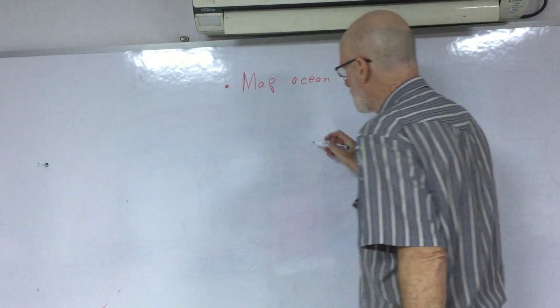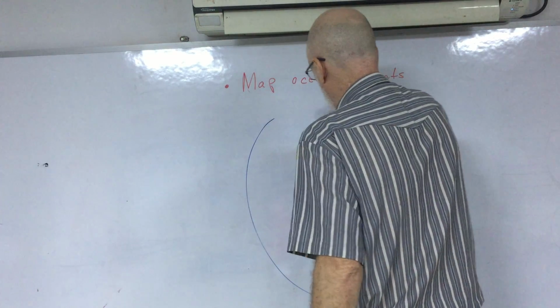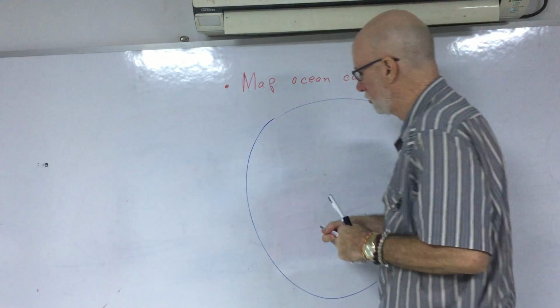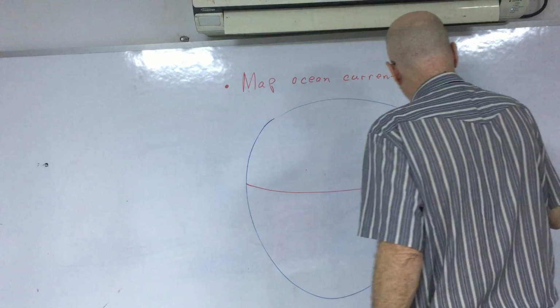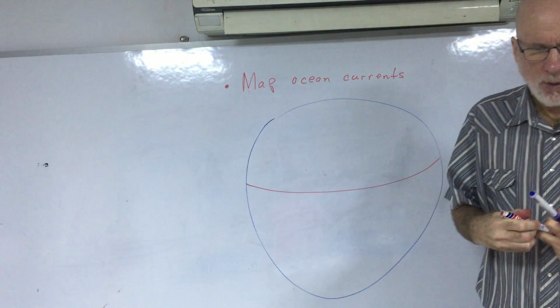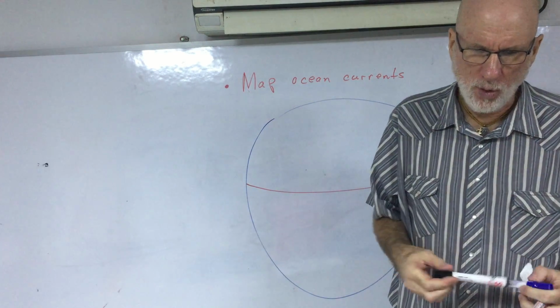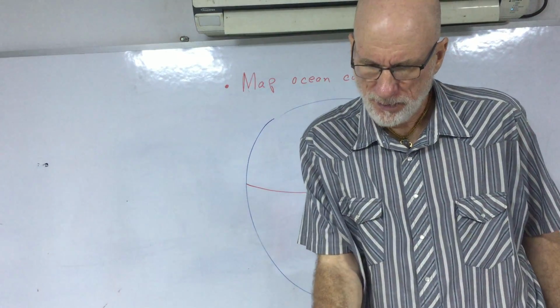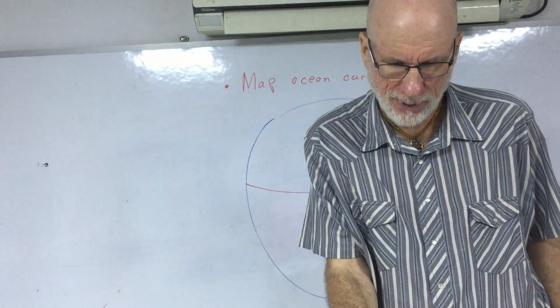Here's the earth. Here's the equator. What do normal winds look like? Right in your book. When you look, page 383, what do they look like?